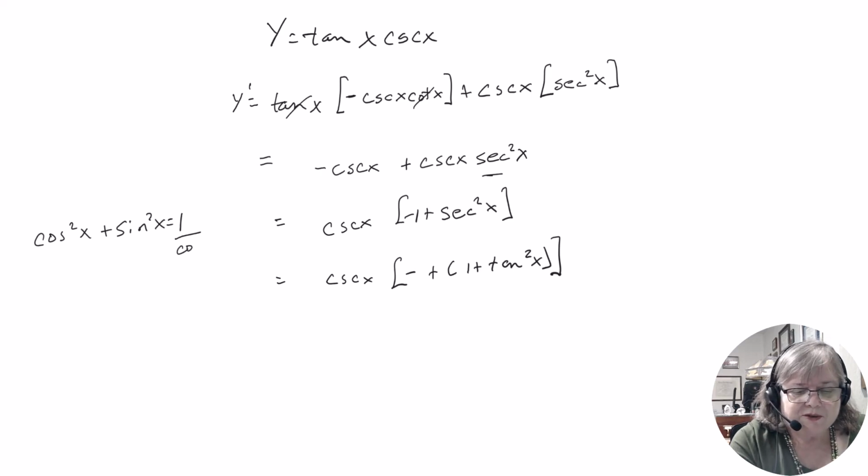So this drives what I'm going to do. I want 1 over cosine squared to figure out the secant squared. So I have to divide everybody by that. So this ends up 1 plus tangent squared x equals secant squared x.